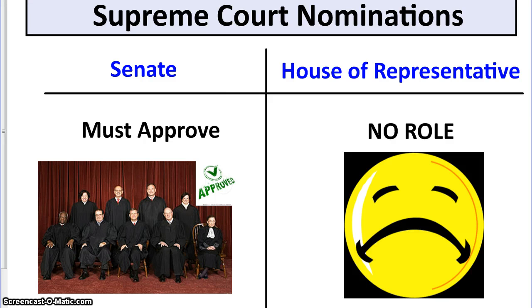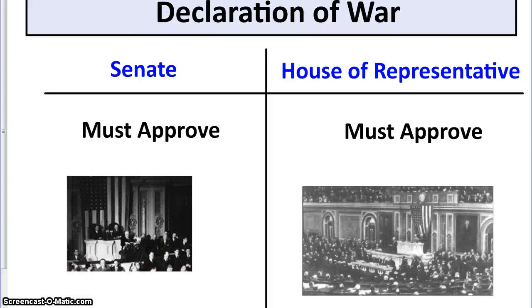They get no say in it. So if the president likes a person and he convinces the Senate that they'd be a good fit, they get the job. Nobody in the House of Representatives can really complain about it or do anything to stop the process. So with any presidential nominations, the Senate must approve what the president wants to do, but the House of Representatives is left out in the cold.